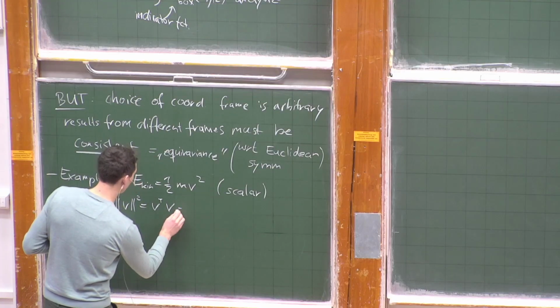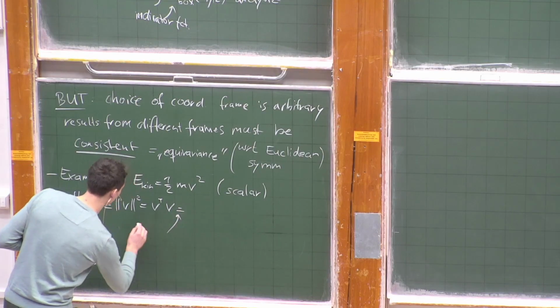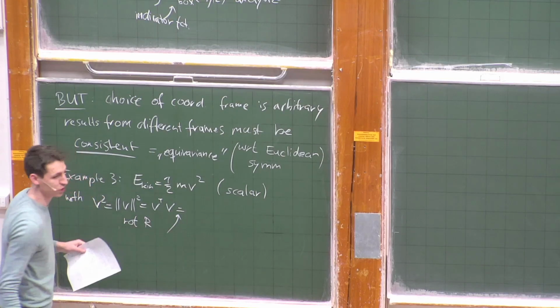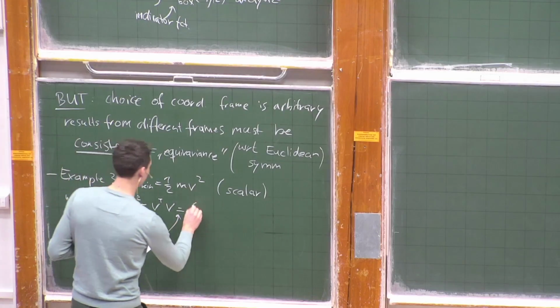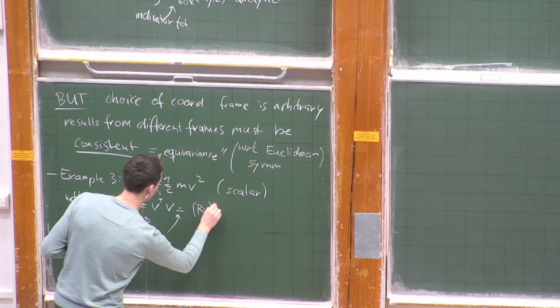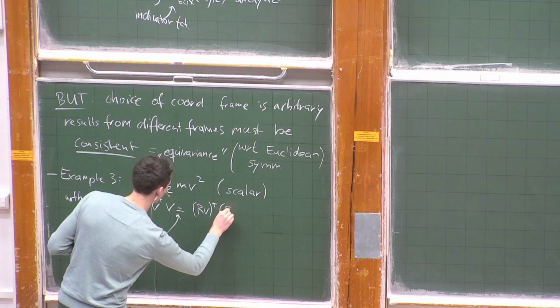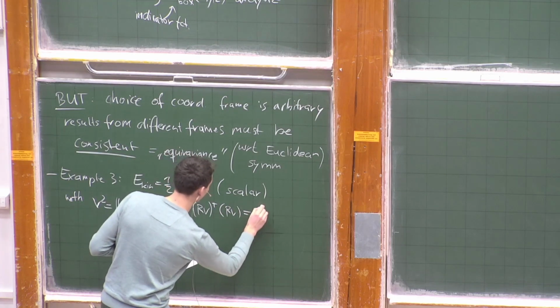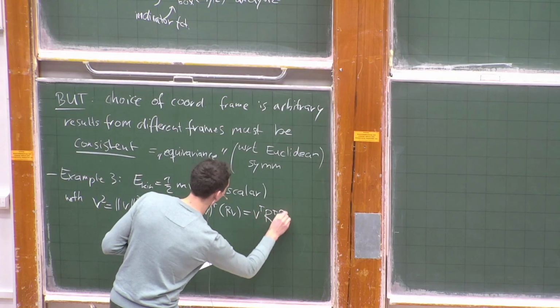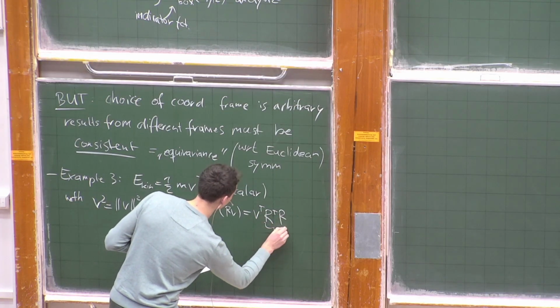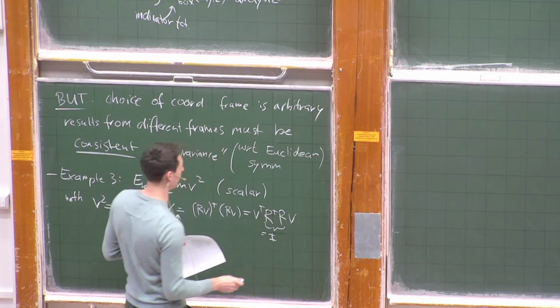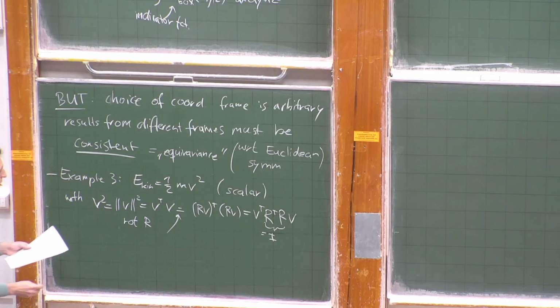And now if we rotate our coordinate frame by some rotation R, what we will get will be Rv transpose Rv. And then we can write this out as v transpose R transpose R v, where R transpose R is just the identity for rotation matrices. And therefore we see that this object is invariant.